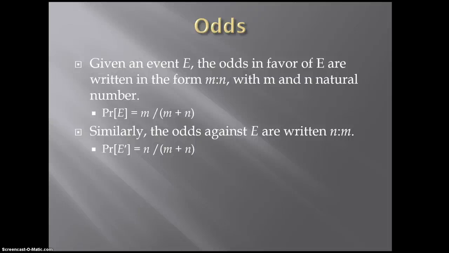Now I do want to stop here for just a second and make sure you guys know the difference between odds and probability. If I told you that the probability of A was equal to 1/2, it turns out the odds of A occurring are 1 to 1, because odds are defined as the cardinality of the event divided by the cardinality of not the event.